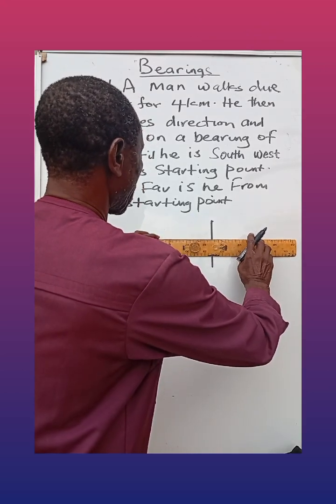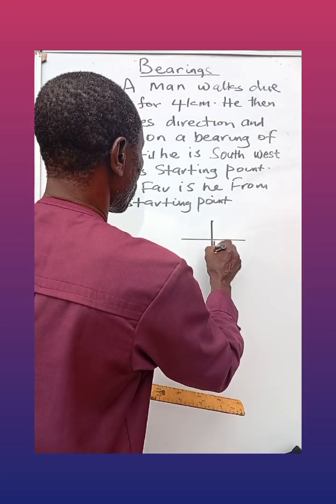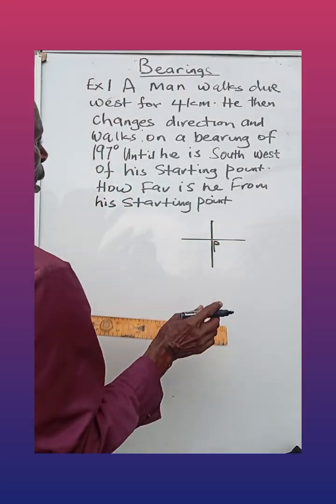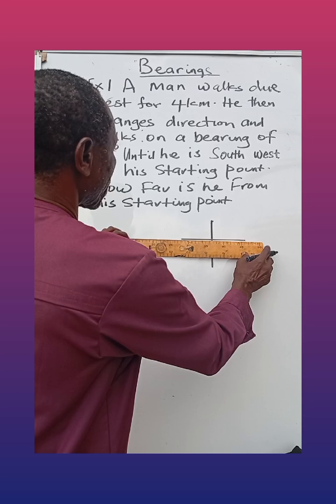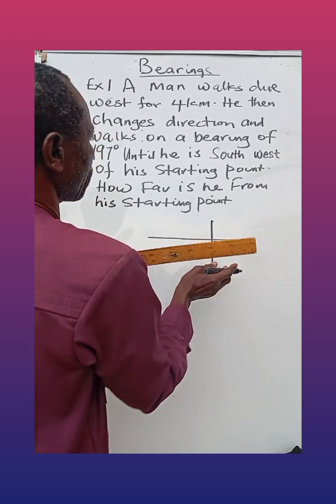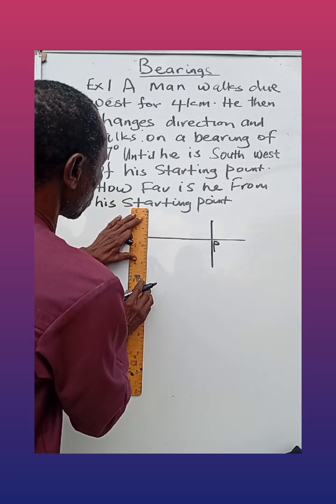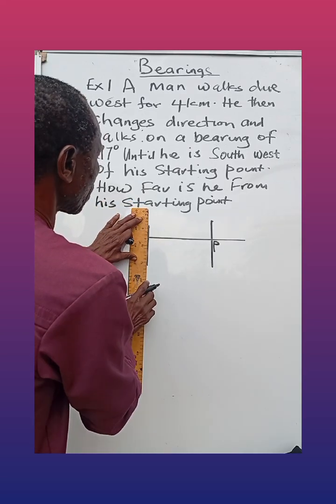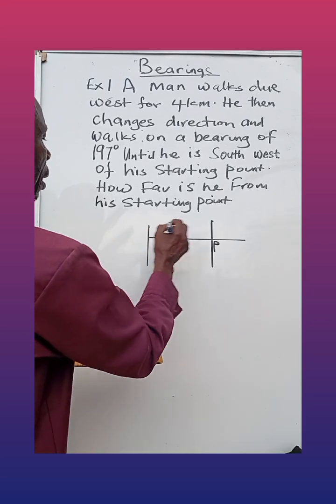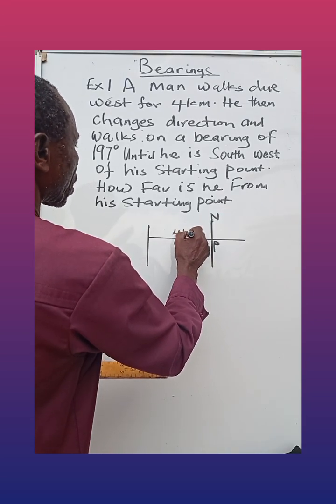I call that point P, where the man stands. And the man moves due west, so the man is moving this way, and gets to this point. It's 4 kilometers.